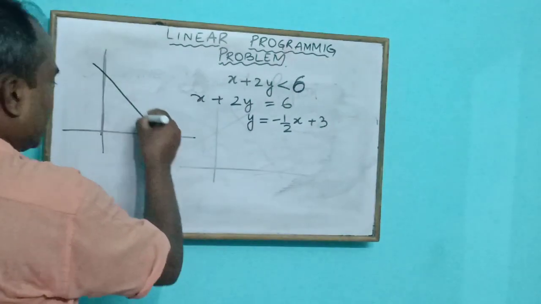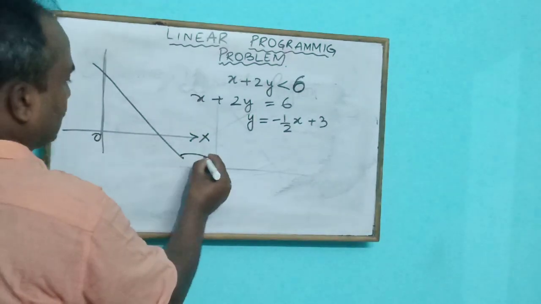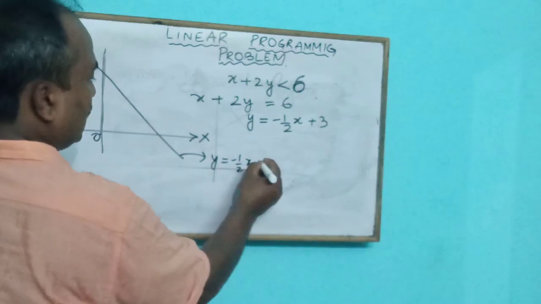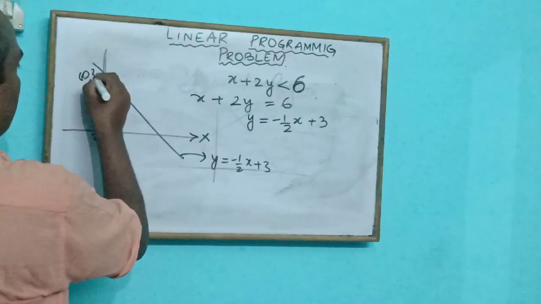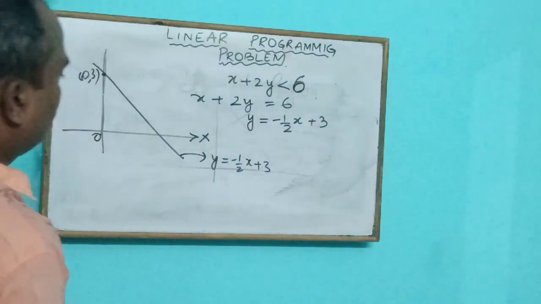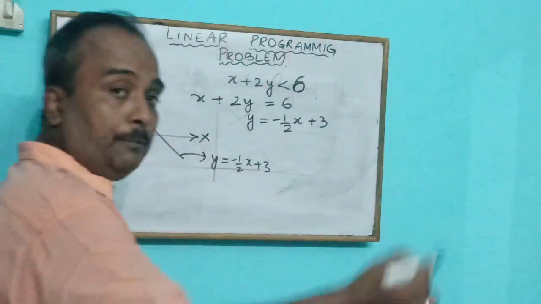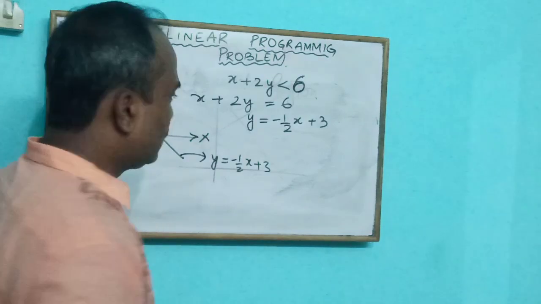So the straight line will be somewhat like this. This is y equal to minus half x plus 3. This is (0, 3). Now, this is the straight line. Now let us come back to the inequality x plus 2y less than 6.